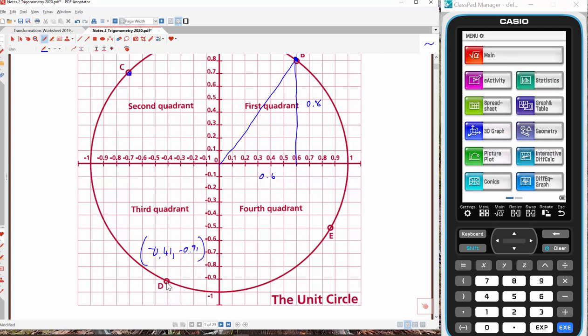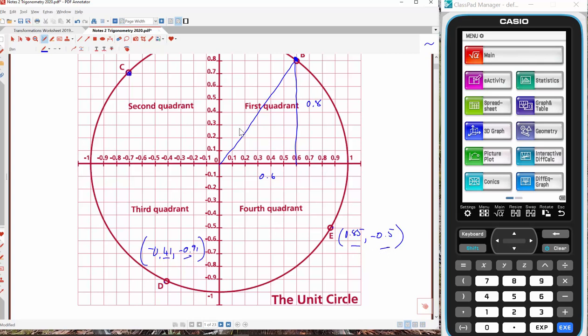Can't be sure what exactly that is. I'm just making a judgment call. And finally, point E over here looks to have coordinates, an x value of say 0.85 and a y value of negative 0.5. Okay, so these points on the unit circle can be described as a set of coordinates.